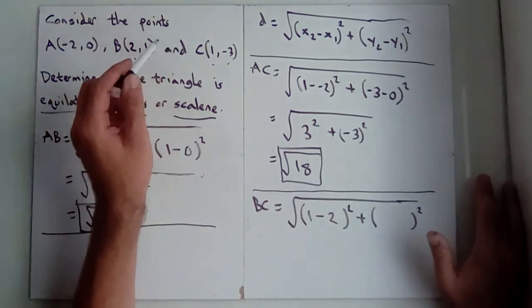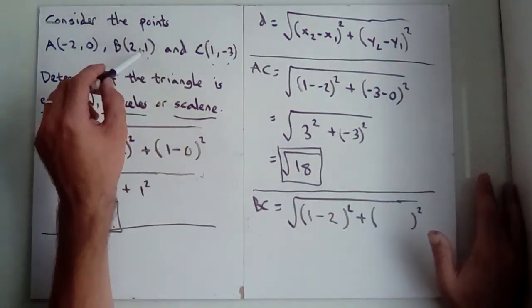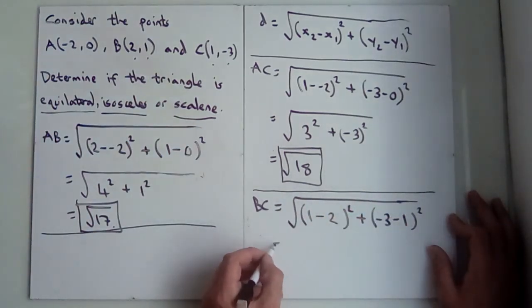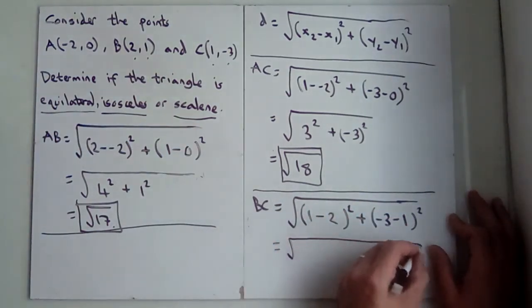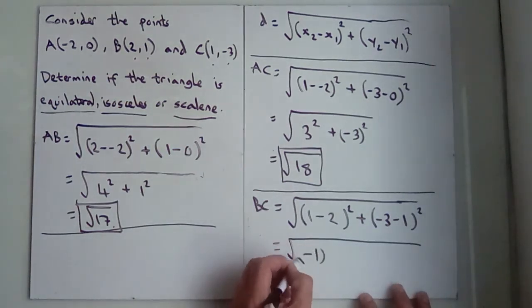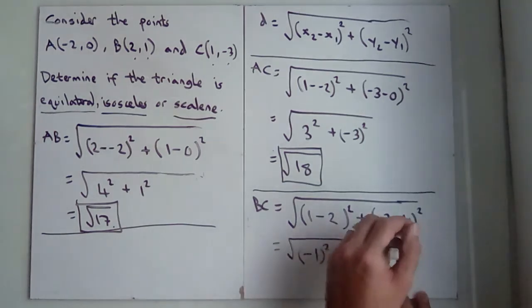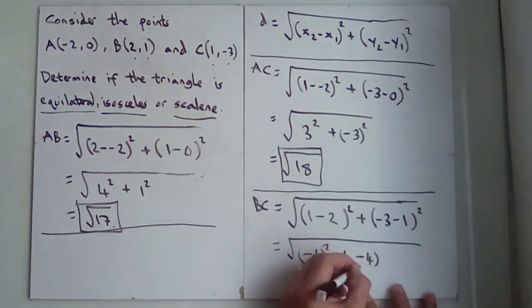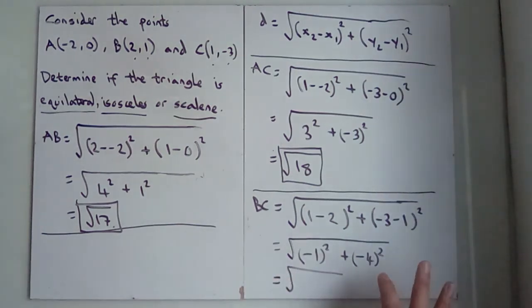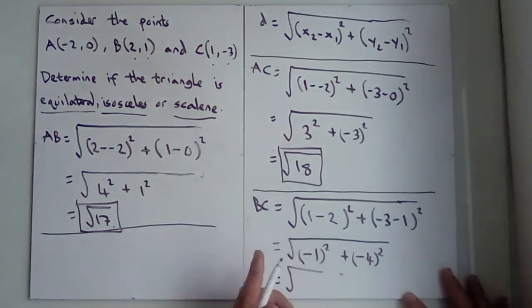And for the y's, it's going to be -3 minus 1. So 1 minus 2 is -1, so (-1) squared, plus -3 minus 1 is -4, squared. 1 squared is 1, (-4) squared is 16, 1 plus 16 is 17, root 17.